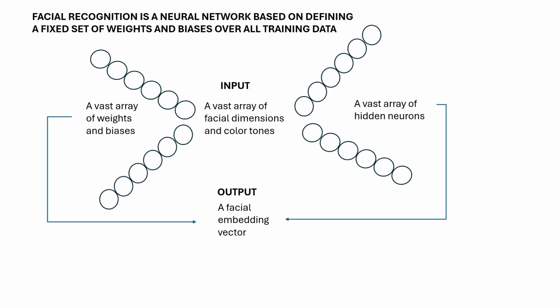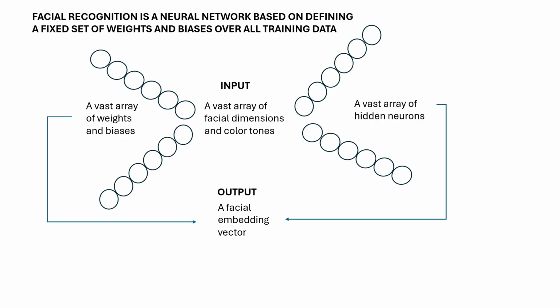Now, facial recognition, which you use all the time when you look at your smartphone, is a neural network based on the same concept. It has a fixed set of weights and biases over all this training data of, say, 1,000 people that it wants to distinguish who's who. And instead of two data points, an X and a Y, it has hundreds of data points that describe the human face.